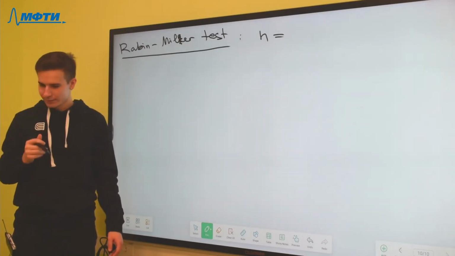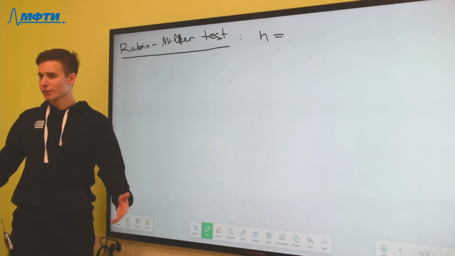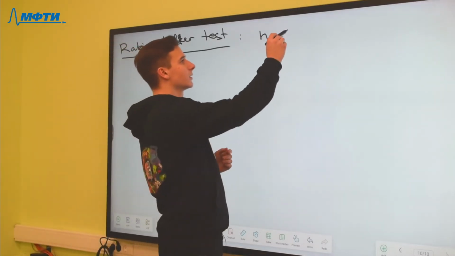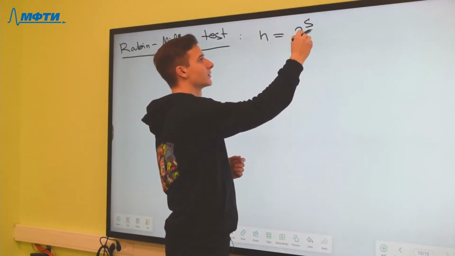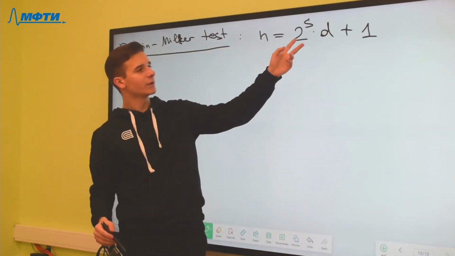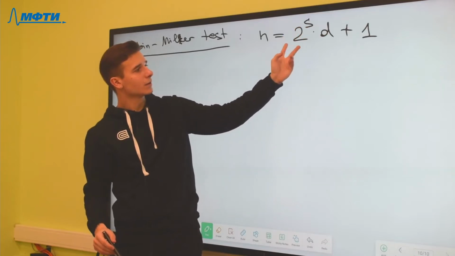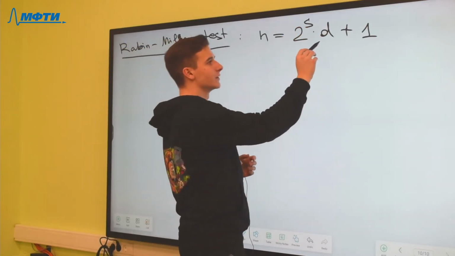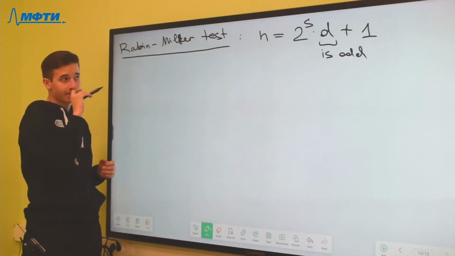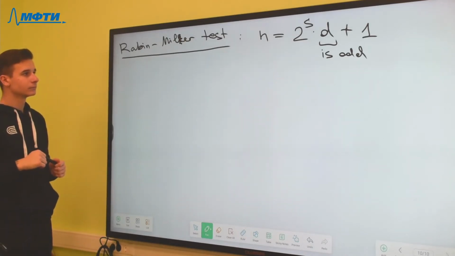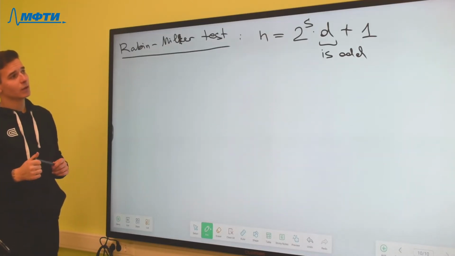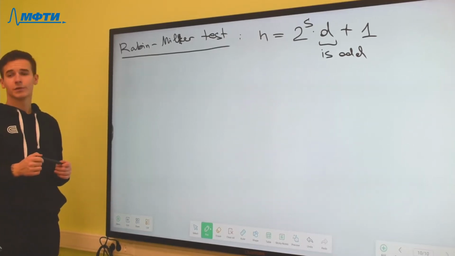If it is an odd number, we can say that n is equal to 1 plus 2 to the power s multiplied by d, where d is odd. s can be an integer number bigger than or equal to 1.